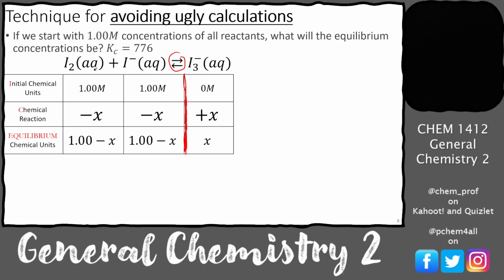So we have aqueous iodine reacting with the iodide ion, and we're getting the triiodide ion. We start with 1 molar concentrations of both of the reactants, 0 products, and then we're going to move in the forward direction with these minus X's and this plus X.